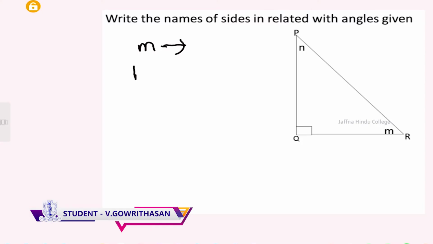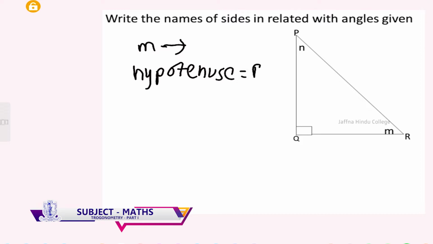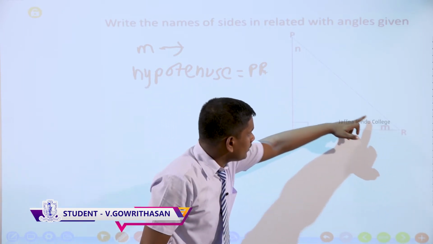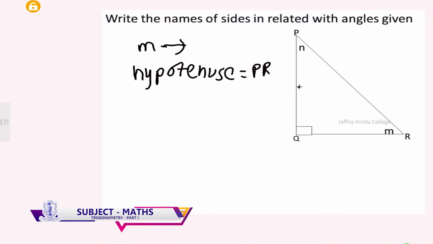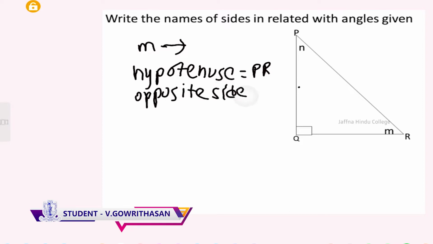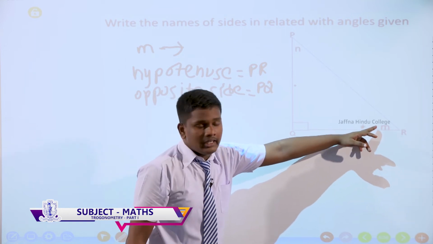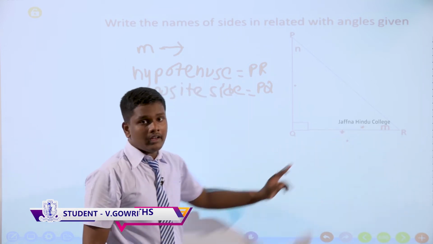So the hypotenuse is PR. Then find the opposite side. The side opposite to the angle is PQ. Then the adjacent side, the closest side. The closest side for the angle M is QR.